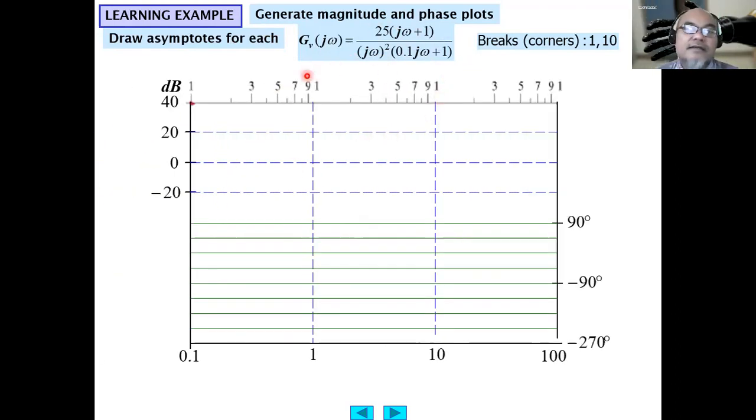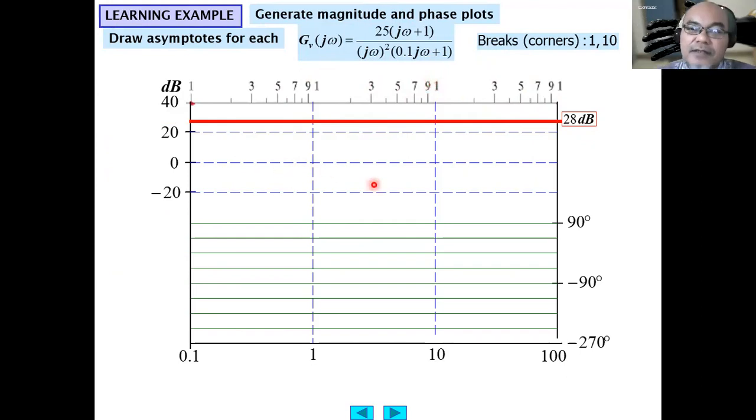The first one, the constant 25, will provide a constant of 20 log 25 decibel. 20 log 25 equals about 28 decibel. The phase is 0 degrees. Then the first zero, the break corner is 1 radian per second. So the asymptote before 1 radian per second is at 0, the low frequency asymptote.